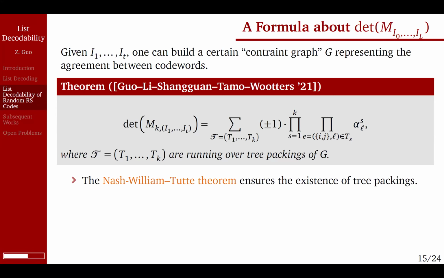Then there's the Nash-Williams–Tutte theorem, which says that if you consider a partition of the vertices into parts, and look at the edges that cross between different sets, the number of such edges is always greater than or equal to k times the number of sets in the partition minus one. If this is true for any partition of the vertices, then it's guaranteed that there exists a tree packing.